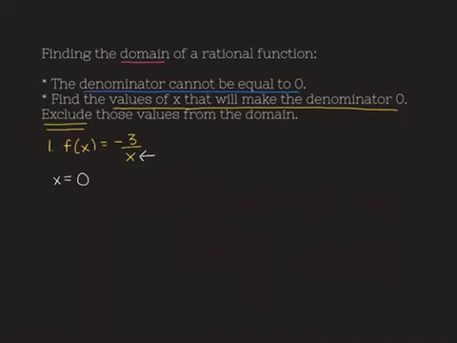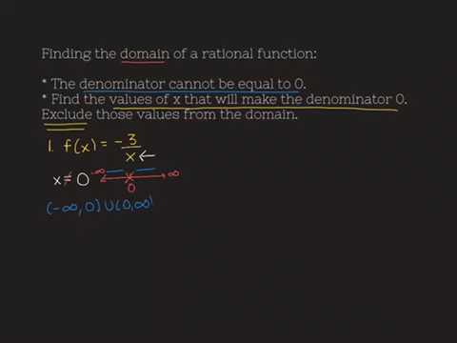So x cannot be equal to 0. If we were to write this in interval notation, we have our interval going from -infinity to infinity. It cannot be 0. So this sets up two different intervals. The first one goes from -infinity to 0, and the second one goes from 0 to infinity.